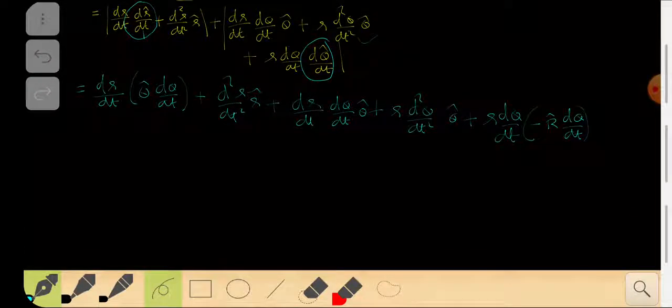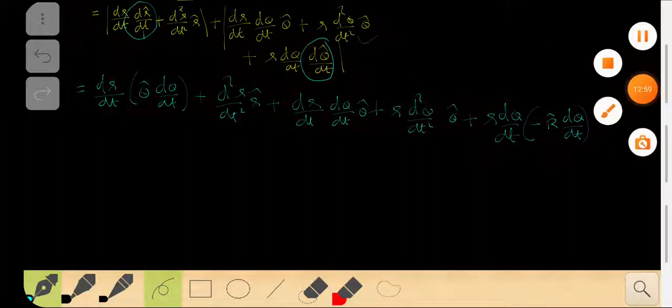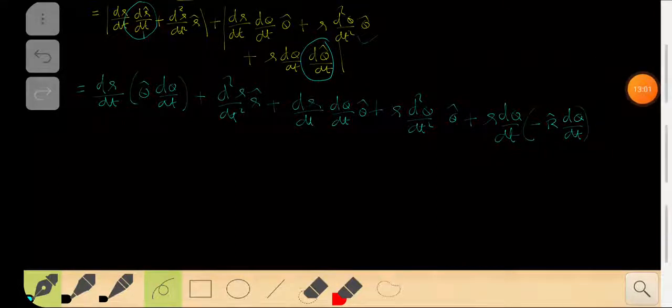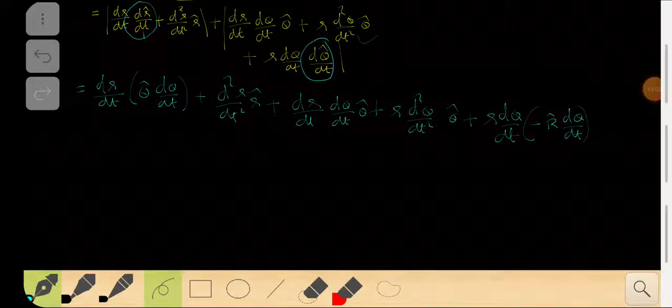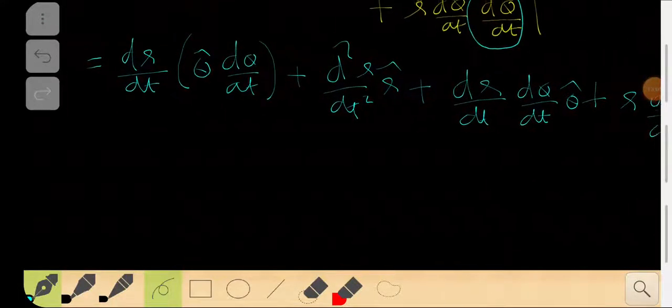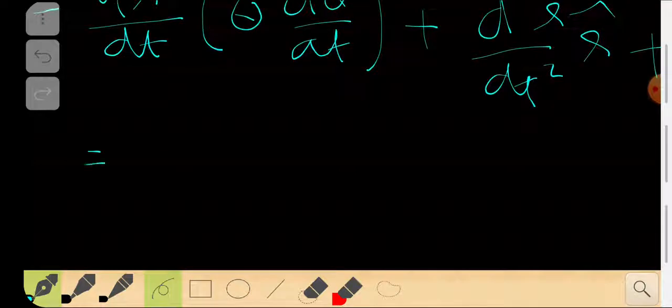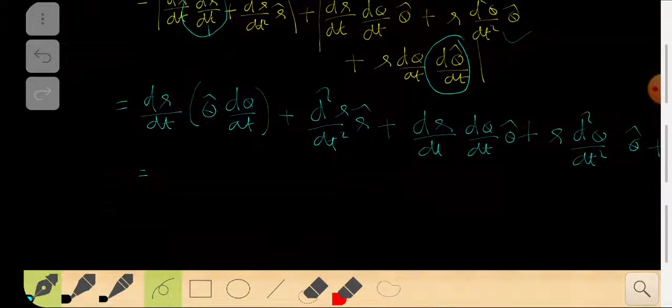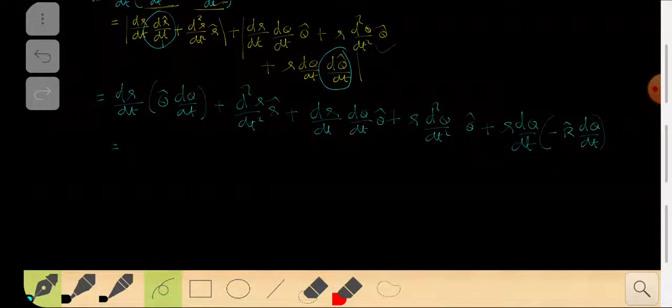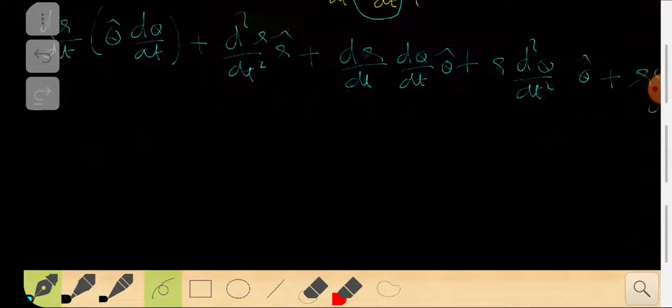Now I have to rearrange them in terms of two things. First, in terms of theta cap. If you want, pause this video and write down this equation, and now look at it when it is rearranged.